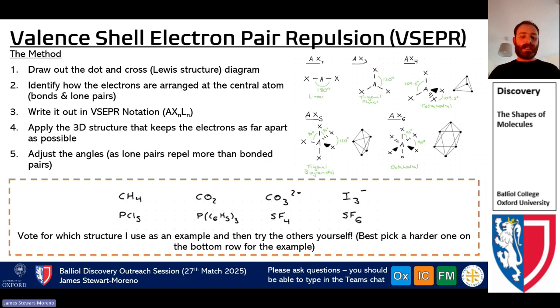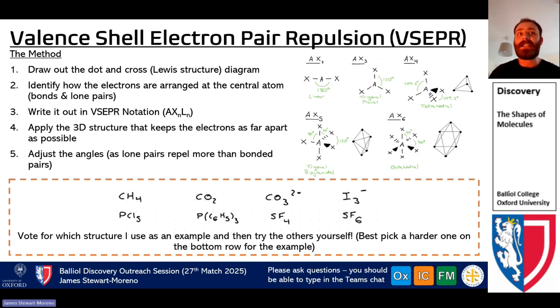In terms of how we actually go about doing this method for VSEPR, what we do is draw out the dot and cross, the Lewis structure, of the molecule that you're given.